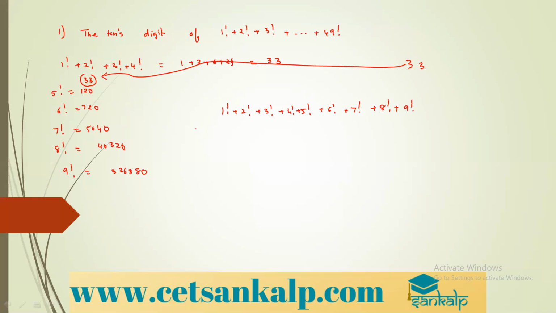So when I add all these numbers, of course I'm not worried about ones because it is 3 and all zeros. So 3 it will be. That means nothing is carried. So without carrying, now tens digit: 2 plus 2, 4, plus 4, 8, plus 2, 10, plus 8, 18. And then 1 is carried.